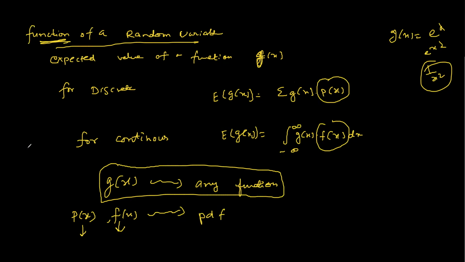Earlier you have learned E of x. Suppose gx is x. Then you put x into px, for discrete random variable. For continuous, suppose gx is x, you write x into fx. So here x is replaced with gx.